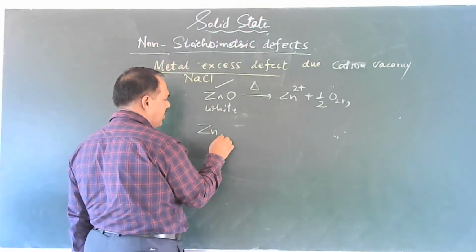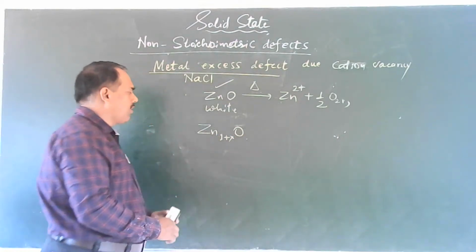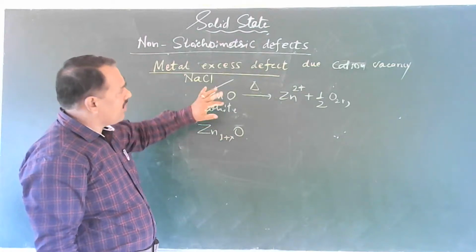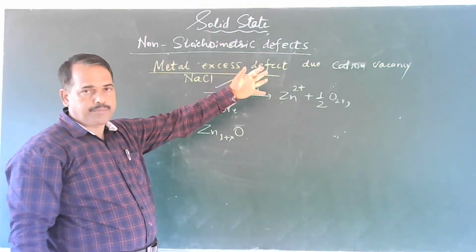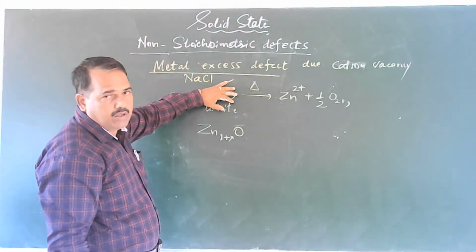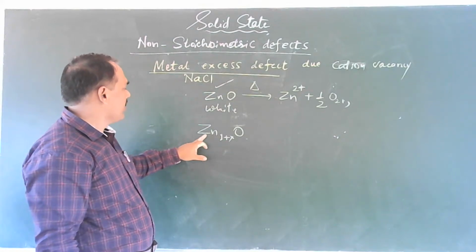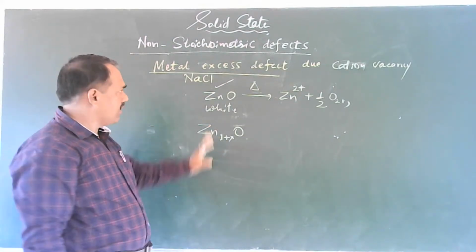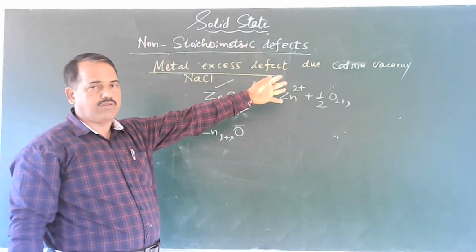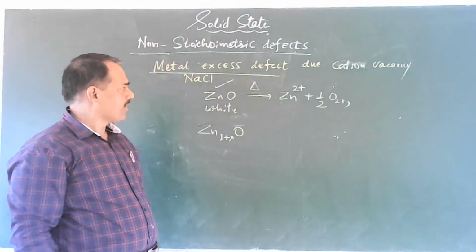Here the formula is Zn1+xO. The total number of zinc atoms is more, cations are more. While the formation of a solid there must be a deficiency, and its formula you can write as Zn1+xO. This type of defect is called metal excess defect due to cationic vacancy. Metal excess due to anionic vacancy gives the F center.